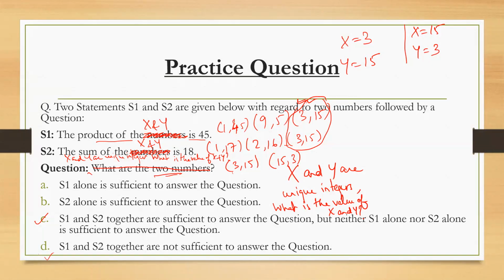Depending upon what the question is asked, the answer will accordingly change. Here it is only asked what are the two numbers, so you just have to find those two numbers. All right. So Jyotsna, I hope this is clear to you what we have done.